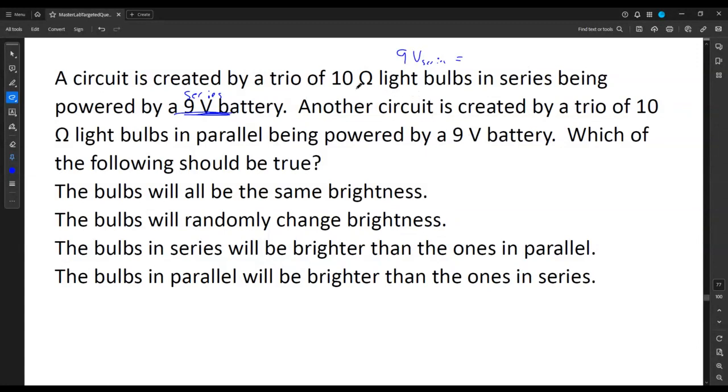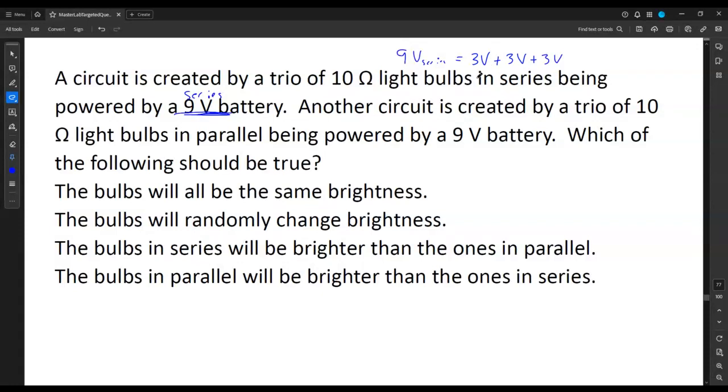Because they're all the same size light bulb, then they're each going to use up a certain amount of this potential. So the first light bulb is going to use up 3 volts. The second light bulb is going to use up 3 volts. And the last light bulb is going to use up 3 volts to make the full potential of the circuit. So each light bulb only sees 3 volts.